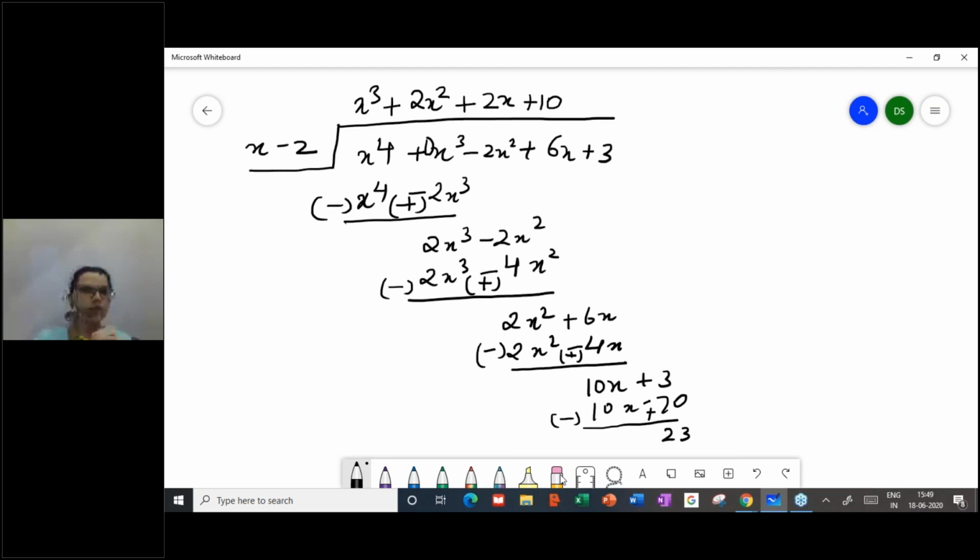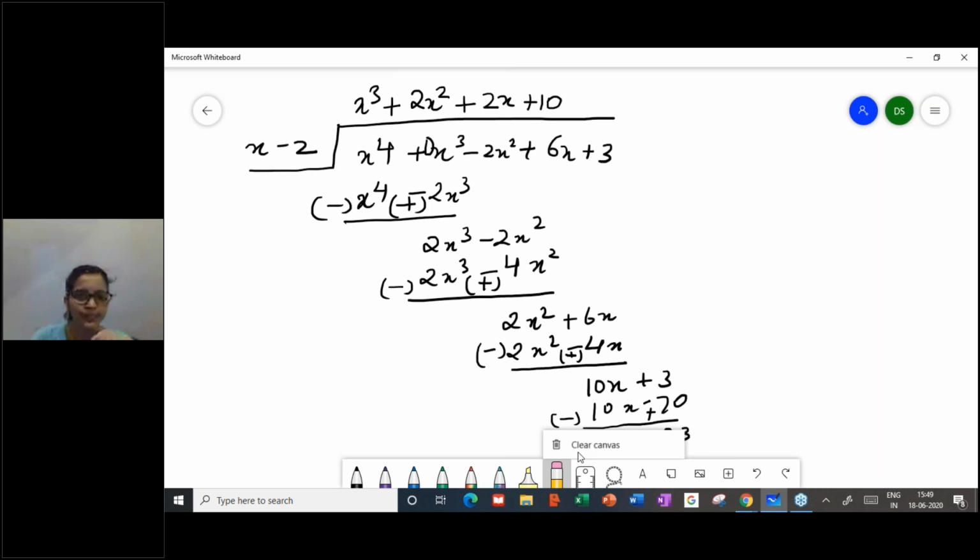Now the next one which we come to is a short way of solving, when they ask you to find the remainder, or they ask you to use the remainder theorem. This is the next kind of question.